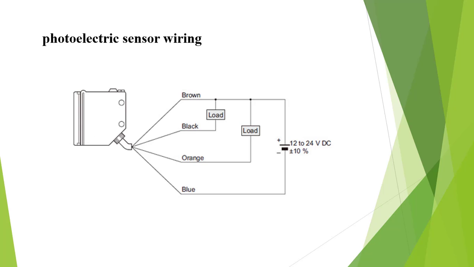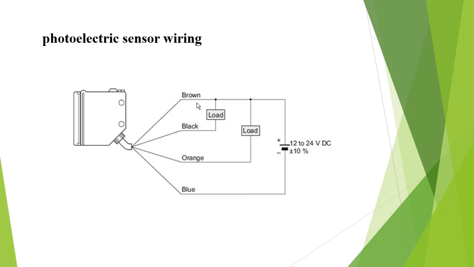Okay, photoelectric sensor wiring. Most of this is the photoelectric sensor receive, or receive and emit altogether. It's all the same thing as the proximity sensor, PNP, NPN.